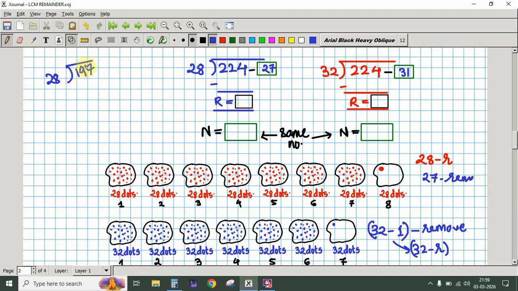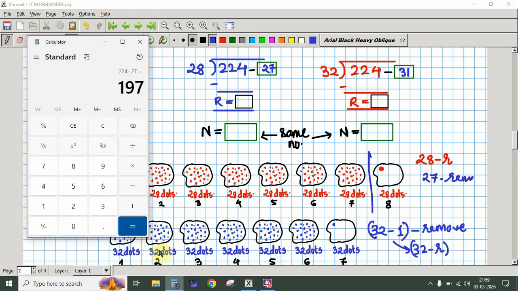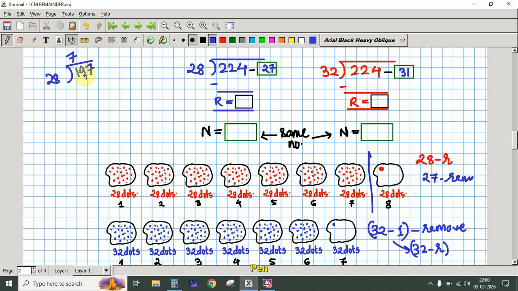Which number is closest to 197 in 28's table? I have disturbed the last set, so I can reach till 28 sevens. 28 sevens is 196. So here we have 196, the remainder is 1 and the quotient is 7. So 7 full bunches of 28 objects. And the number is 197.